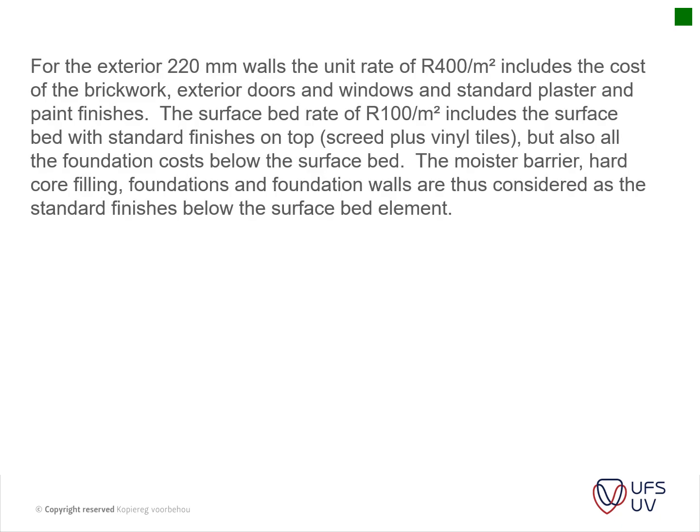Looking at our next section, for the exterior 220mm walls, the unit rate is 400 Rand per square meter, which includes the cost of brickwork, exterior doors and windows, and the standard plaster and paint finishes. The surface bed rate is 100 Rand per square meter, and it includes the surface bed with the surface finishes on top, screed plus vinyl tiles, etc., but also all the foundation costs below the surface bed.